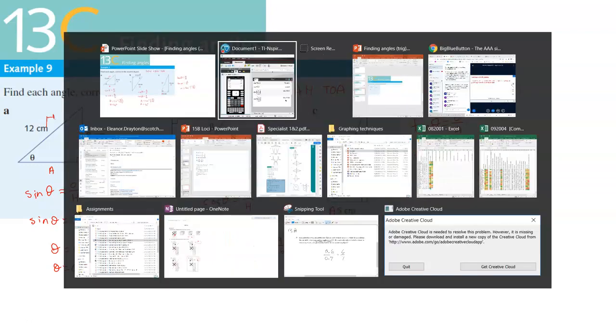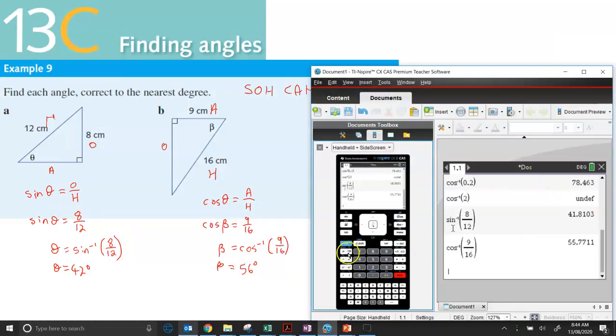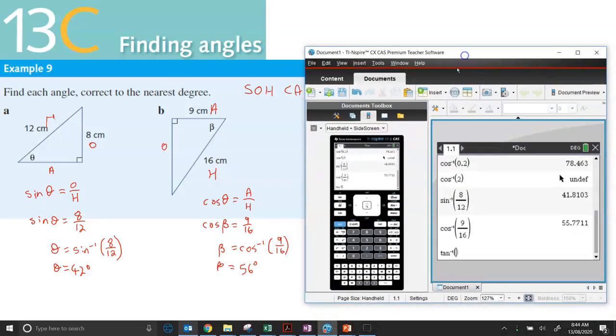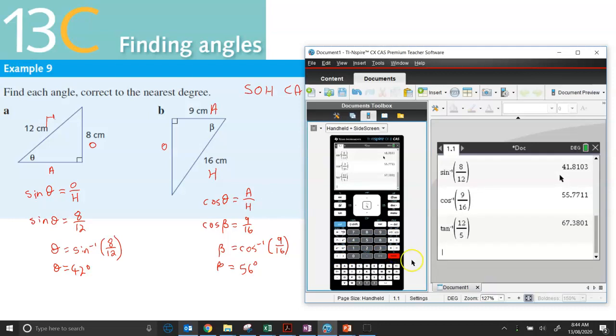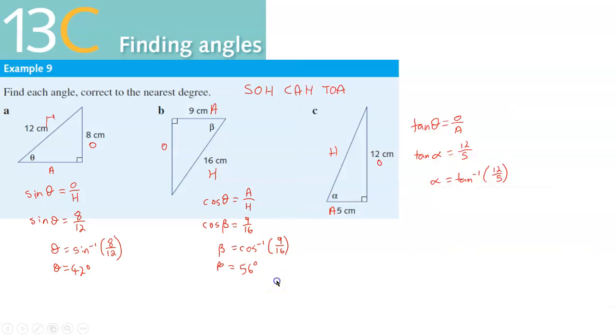Put it into my calculator. Twelve over 5. So that's 67 to the nearest degree. Alpha equals 67 degrees.